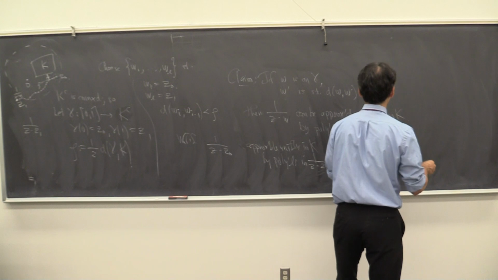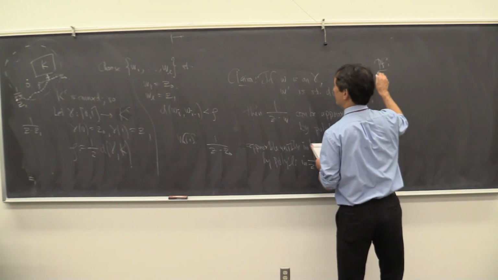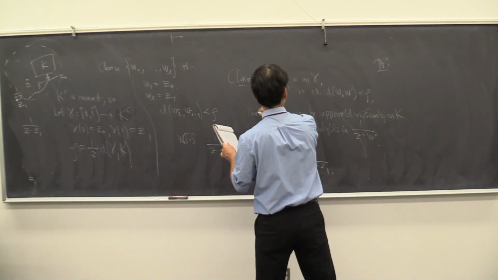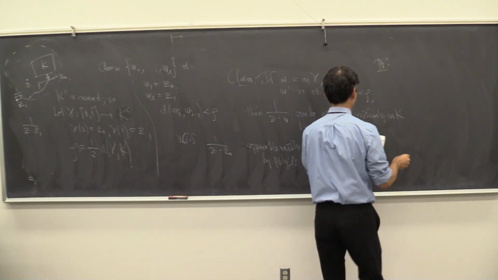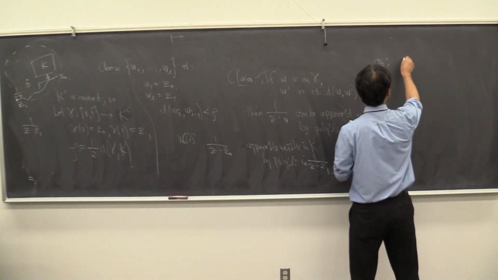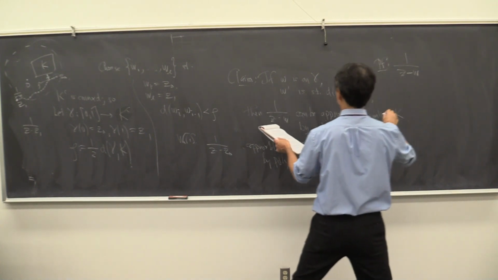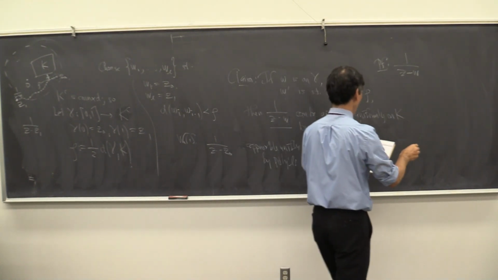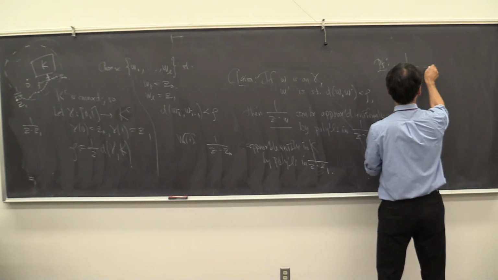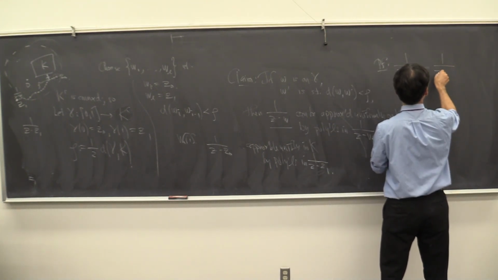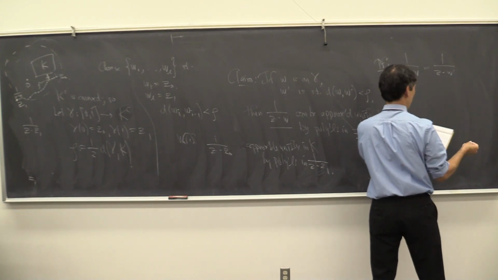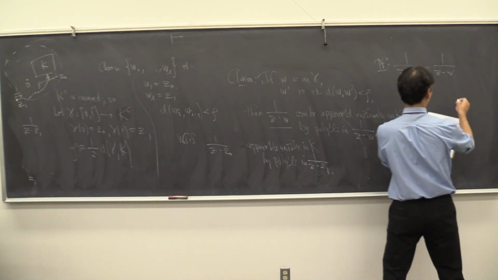Okay, so proof. Right, so what's the point? 1 over z minus w. It's kind of a similar trick to what we played before. We rewrite this in terms of 1 over z minus w prime.